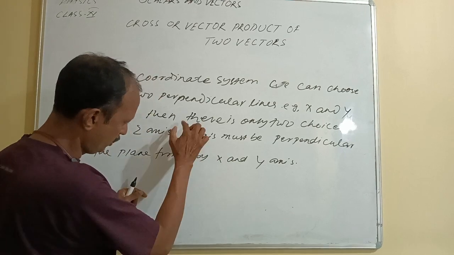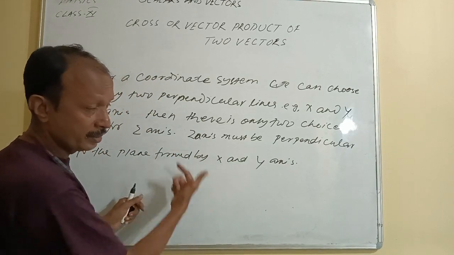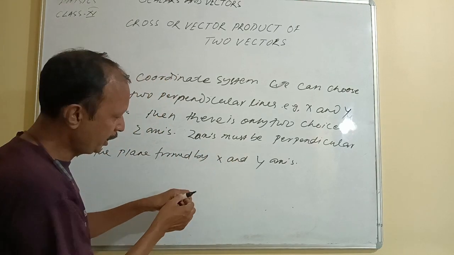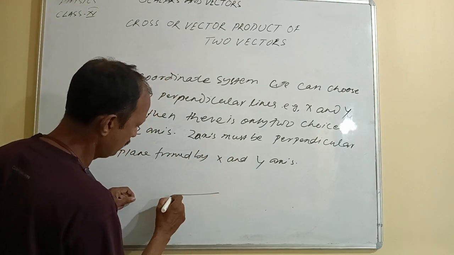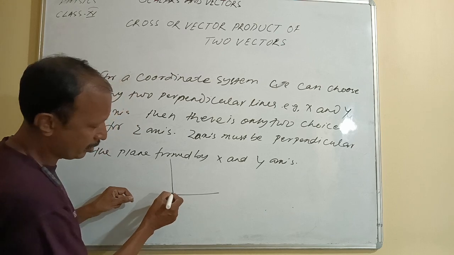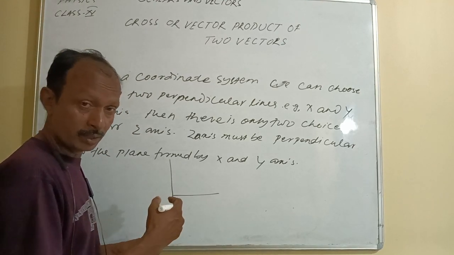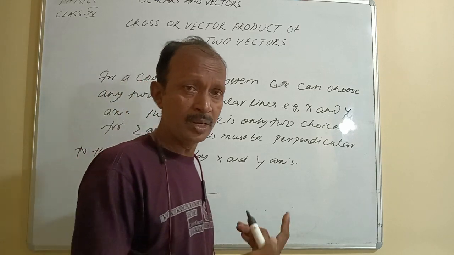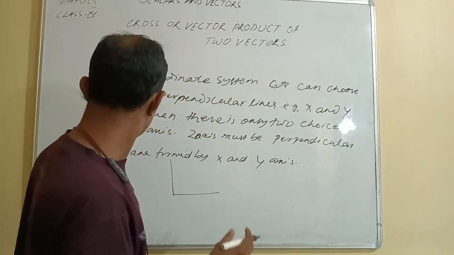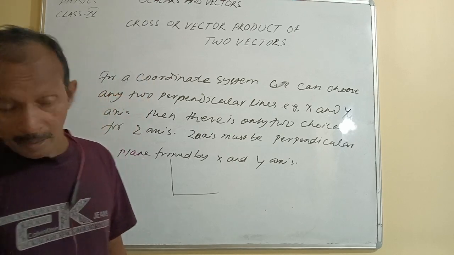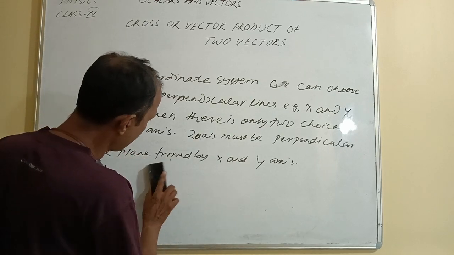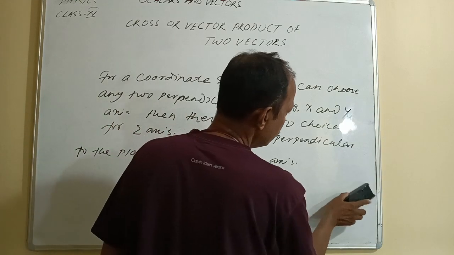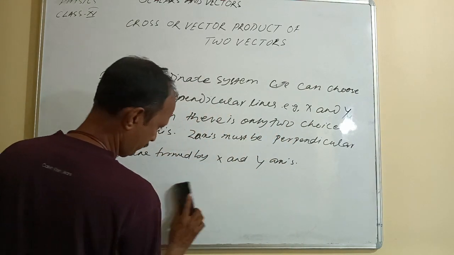Suppose this is the x, this is the y. Z may be this side, may be that side, may be outwards, may be inward. So z will be either outwards or inwards. If I take outward as the positive, inward as the negative, so the selection of a positive z axis may be two ways.